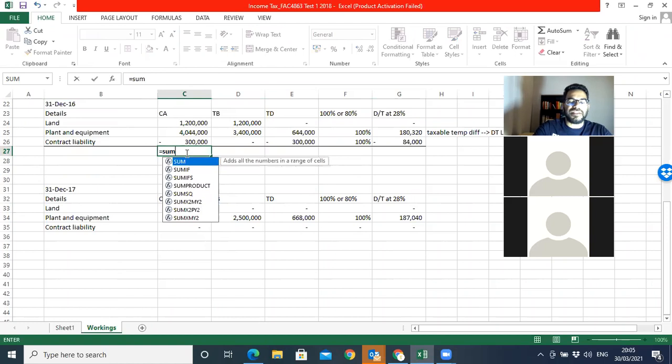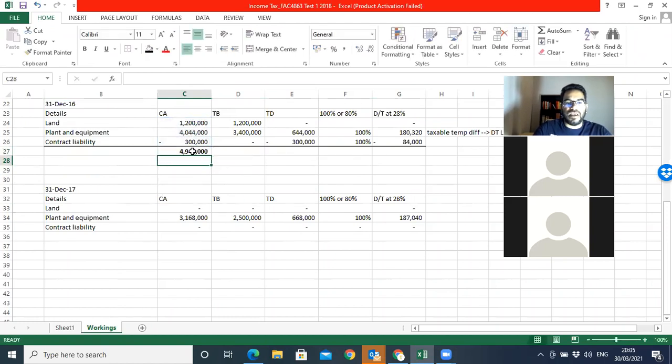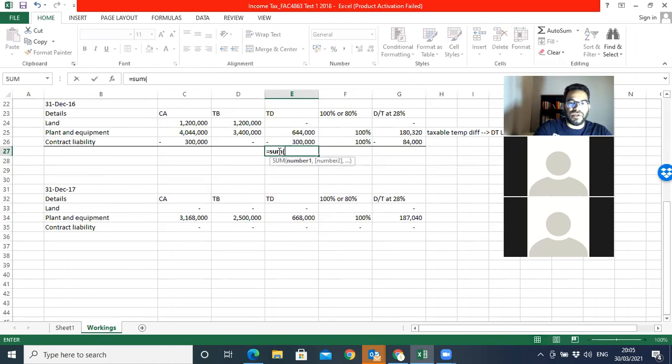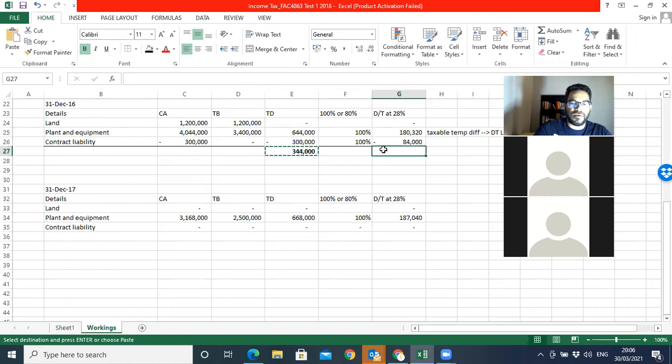The reason why I work the assessed loss separately is because accounting wants you to disclose the assessed loss separately. So let's quickly do this over here. Okay, they said we correctly dealt with the assessed loss.